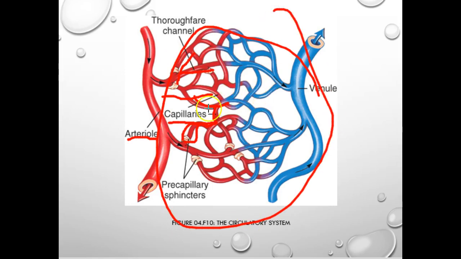Now, the reason the arteries become smaller arterioles and then even smaller capillaries is so we can make a 1 cell thick membrane here. That's all capillaries are thick. They're only 1 cell thick.